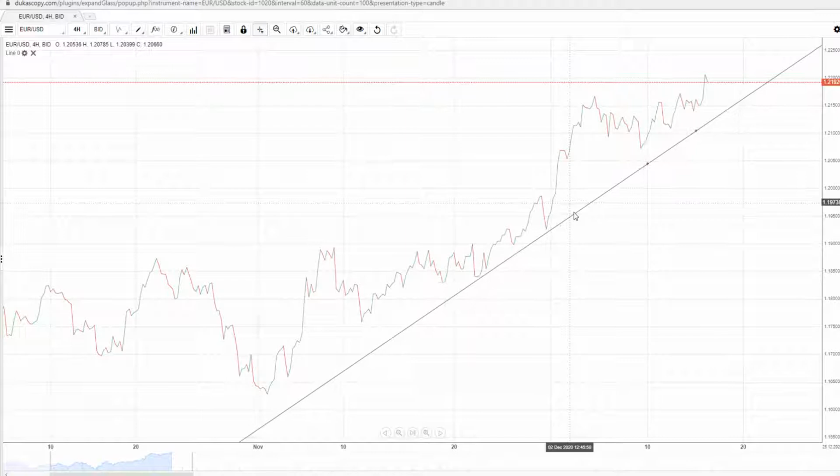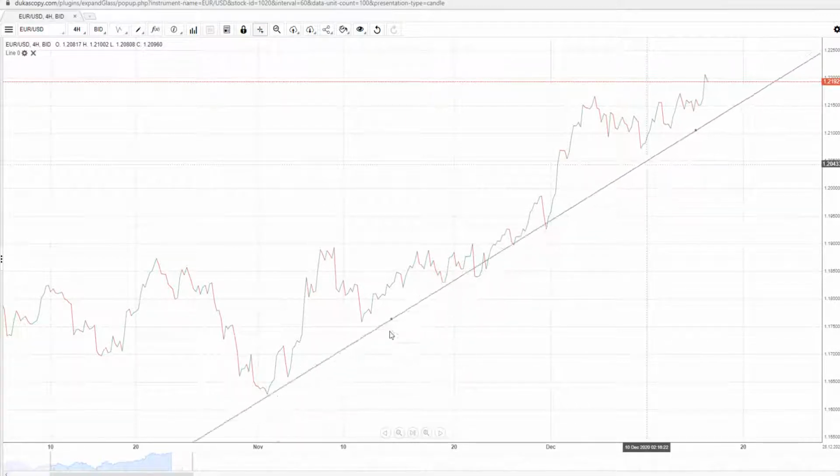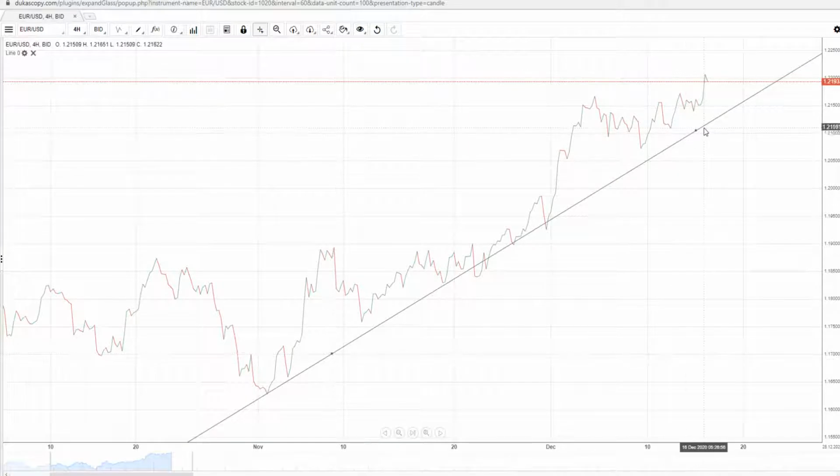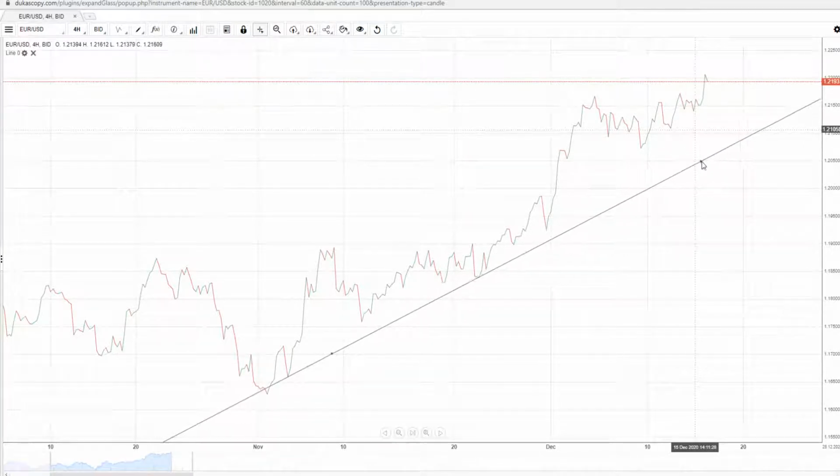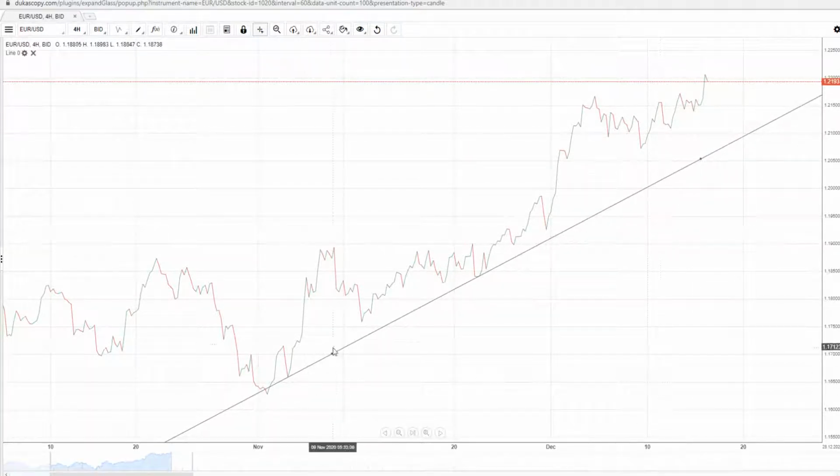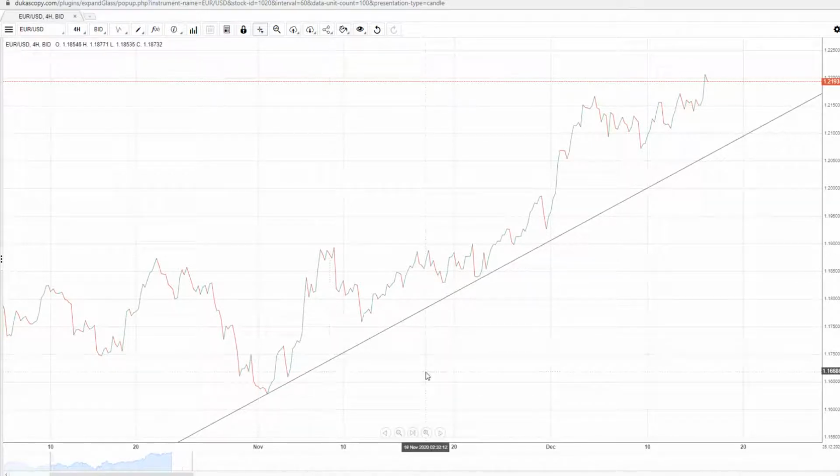So what I would do, let me reconstruct this line very well. So according to the strategy, it is break and retest. So it's not like the price is coming to the trend line, then I'm taking a buy or taking a sell.